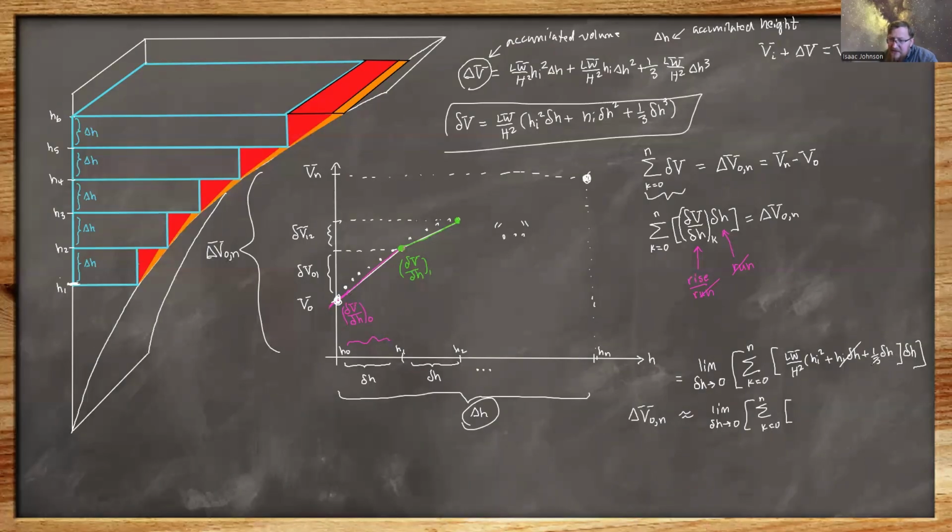And what the heck, let's knock off those terms. Just an approximation, right? And what we end up with is LW over h squared times h initial squared times dh.